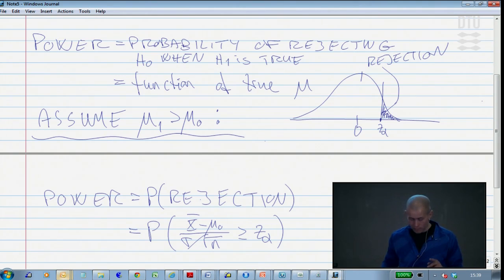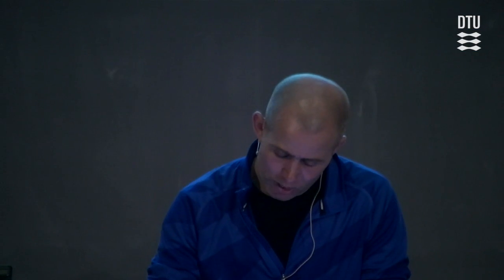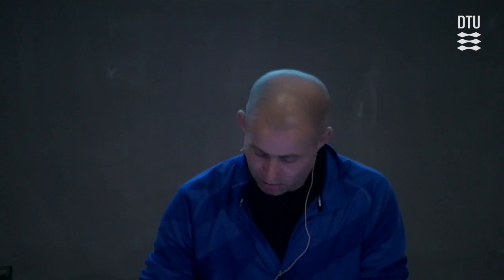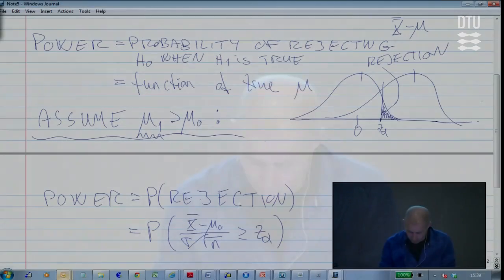So the question is, what if we have a true situation where, now this is a distribution over here for x bar minus mu 0? What if the true distribution is really mu1? If the true mean is not mu0, but something bigger, so that's the assumption of being in the alternative, then I'll just sketch it somewhere to the right of it, like this. The variance should be the same here, not a good sketch, but still.